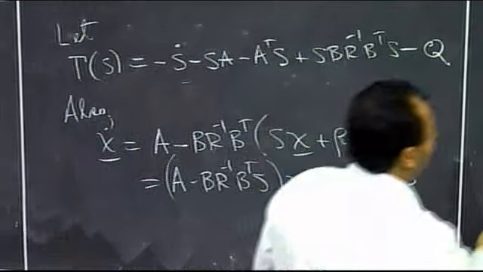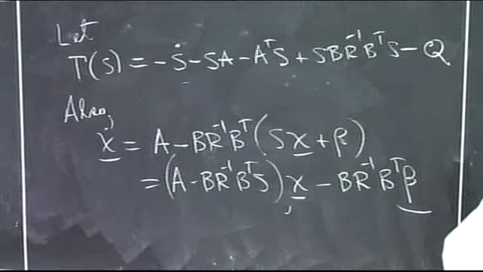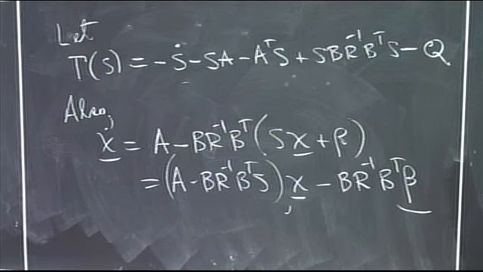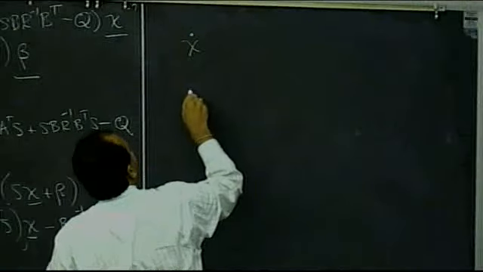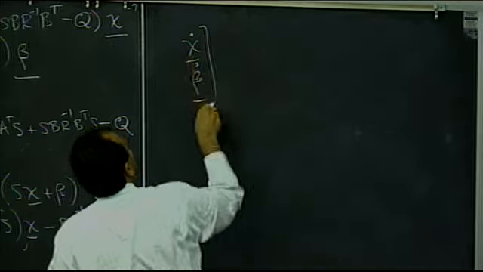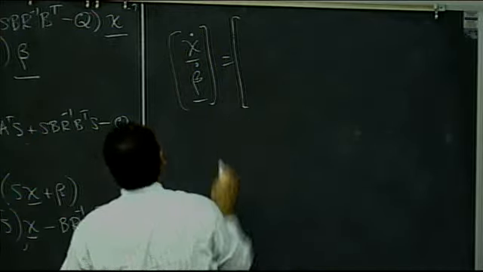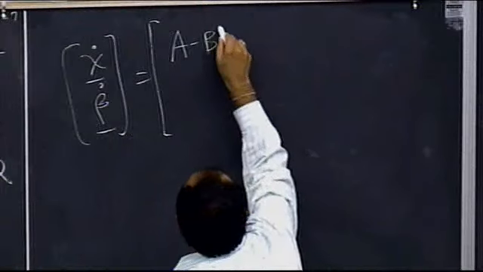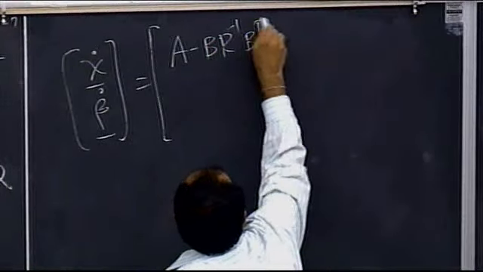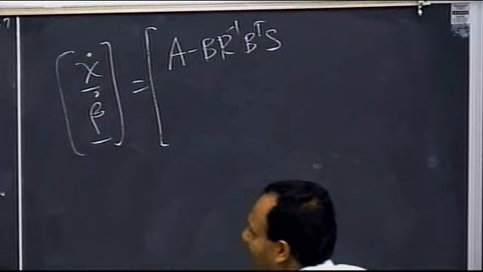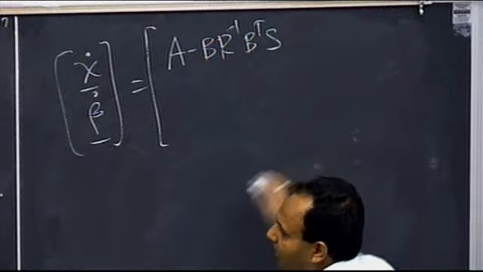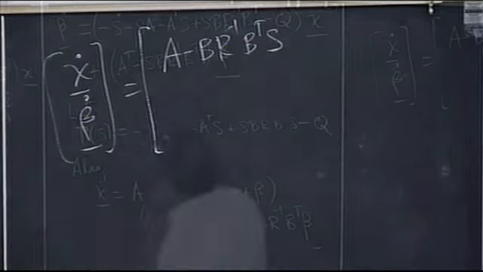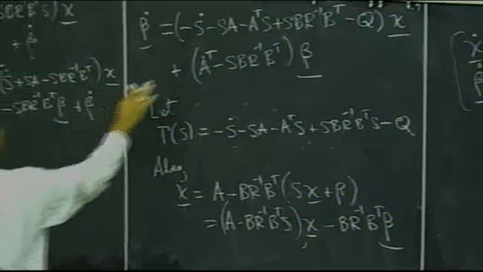So now if you take that whole thing and put it together in one single matrix equation, you get X dot and beta dot together equal to A minus B R inverse B transpose S. And in this corner, with the beta, this is a minus, right?